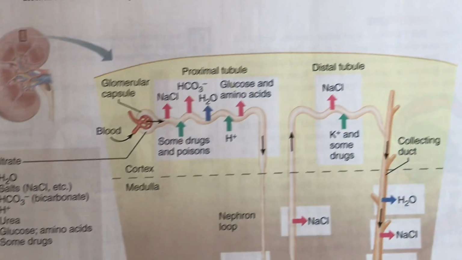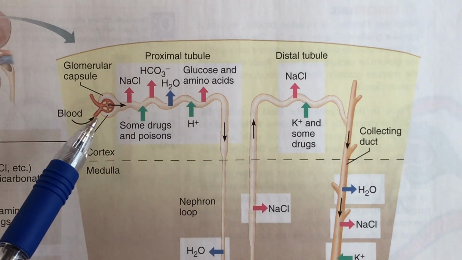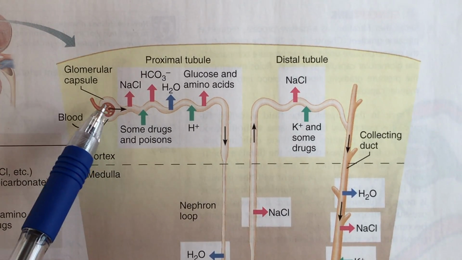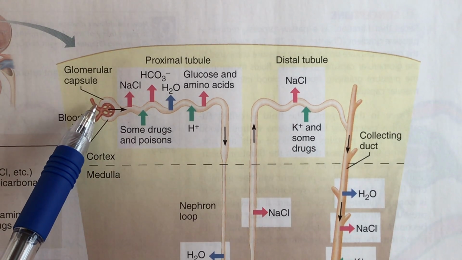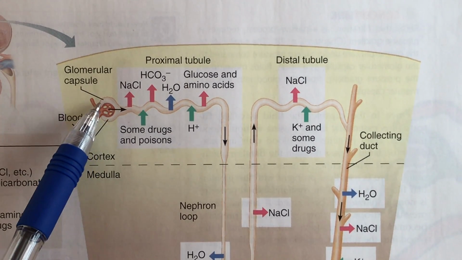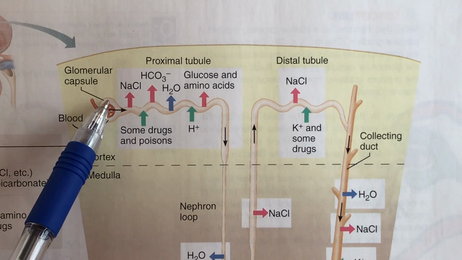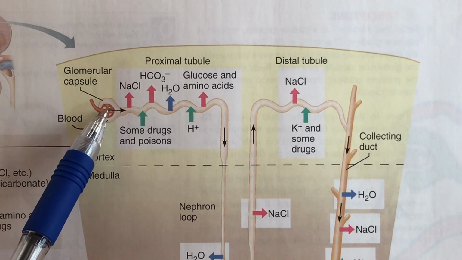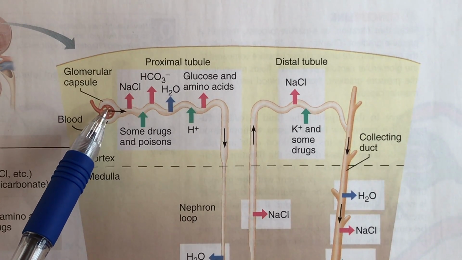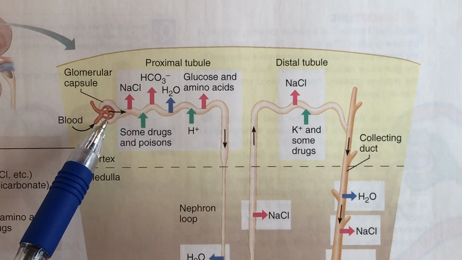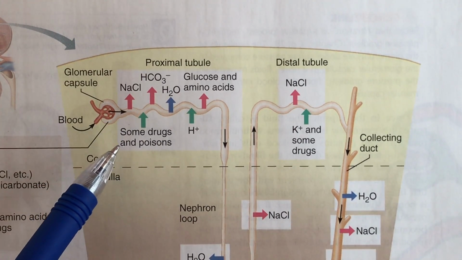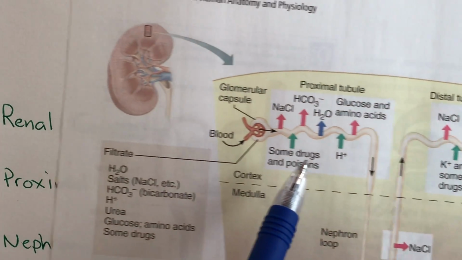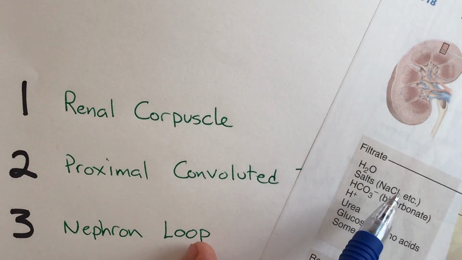Let's take a look here one more time. We have the renal corpuscle right here, and the renal corpuscle is made out of a couple things. The capsule, this glomerular capsule, and then the capillaries inside, which is called the glomerulus. So you have the glomerulus and the glomerular capsule that makes up what we call the renal corpuscle. That's part one, the first step, the renal corpuscle.